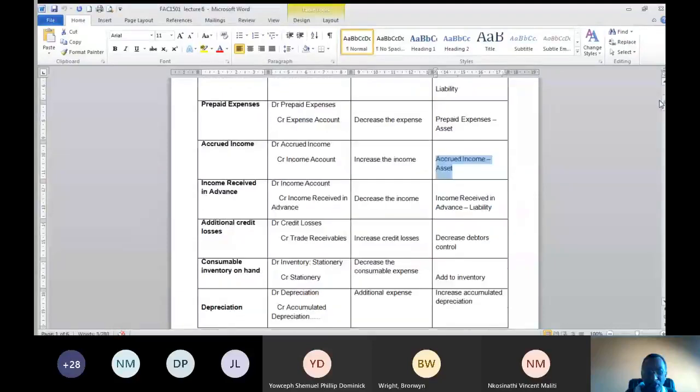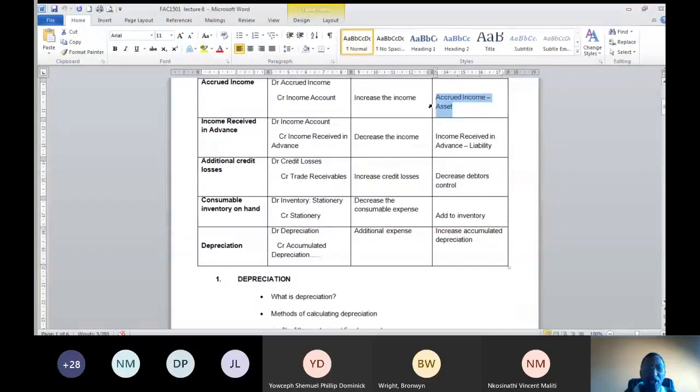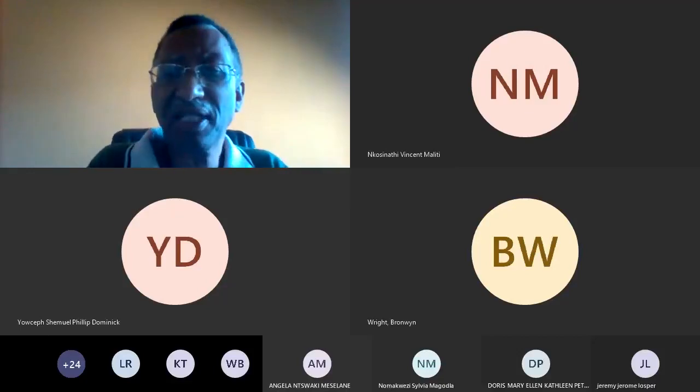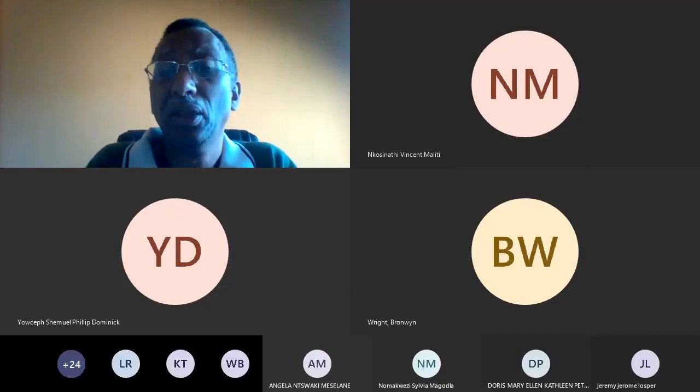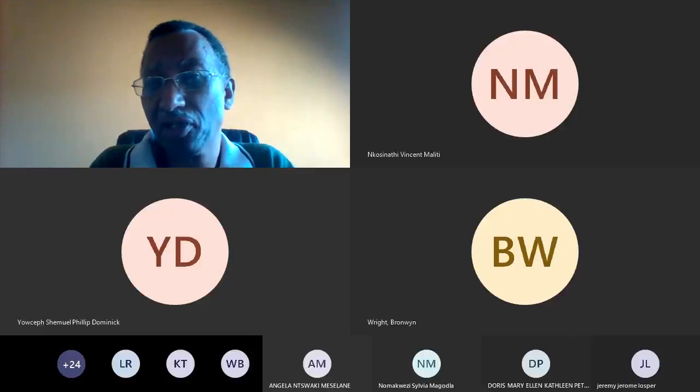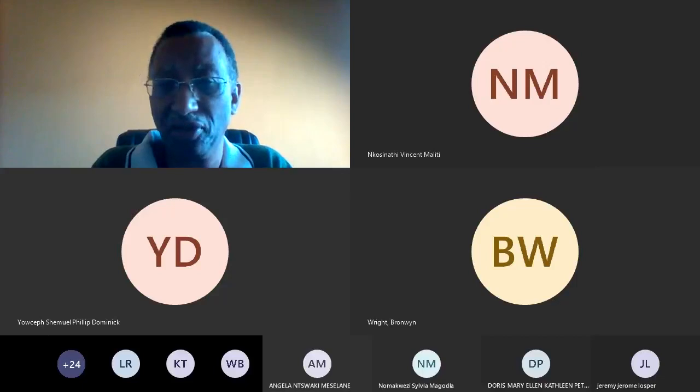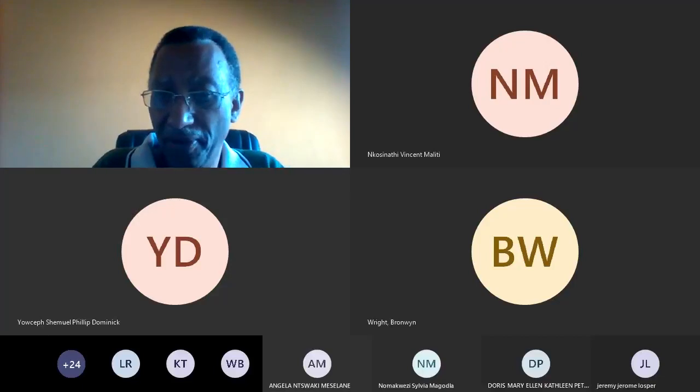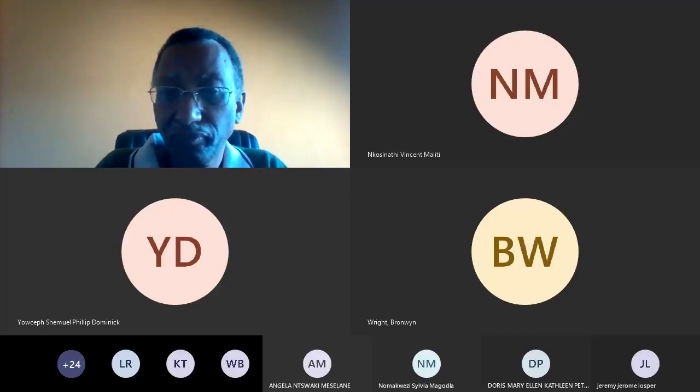The next adjustment, guys, that we deal with is our adjustment called income received in advance. Income received in advance will occur when you are receiving money for the next financial year. We are receiving it during the current financial year. An example of that would be the following.